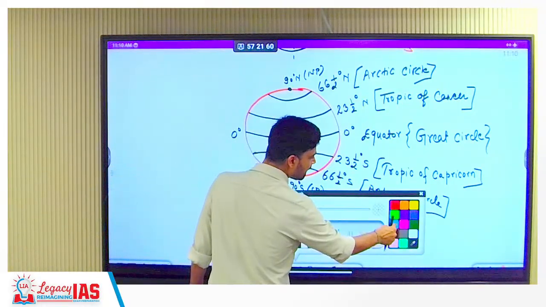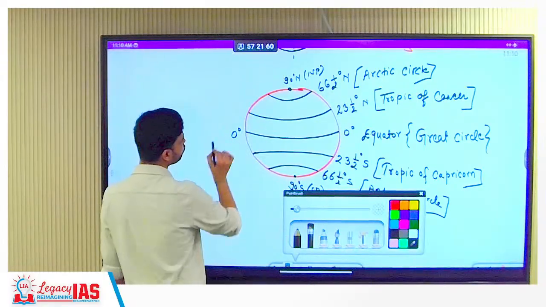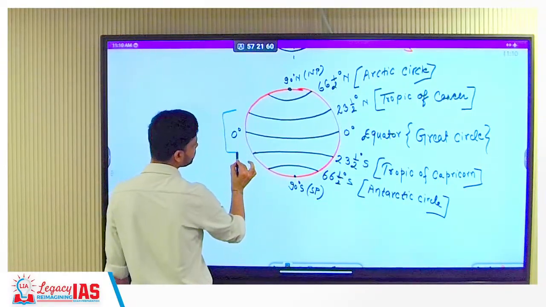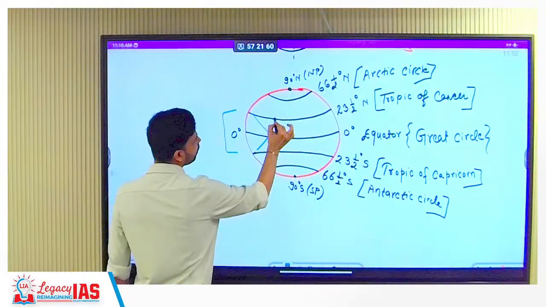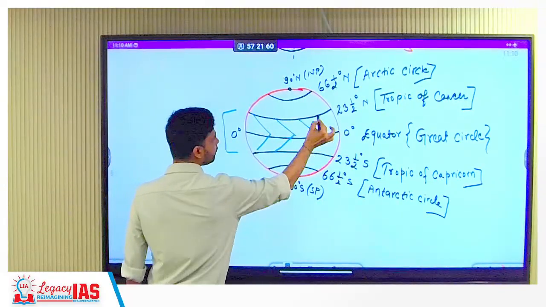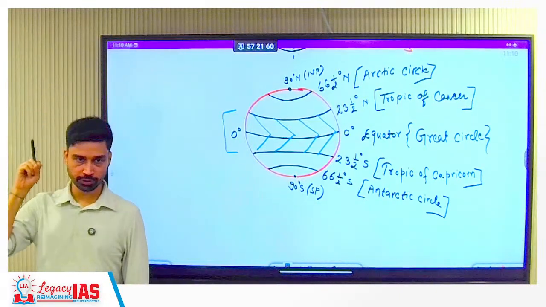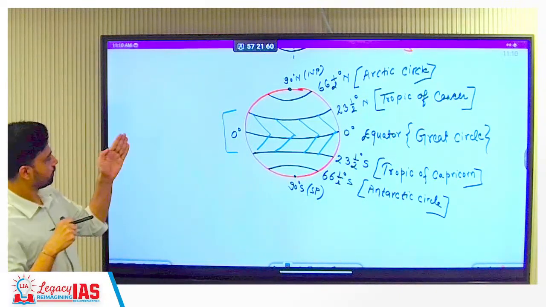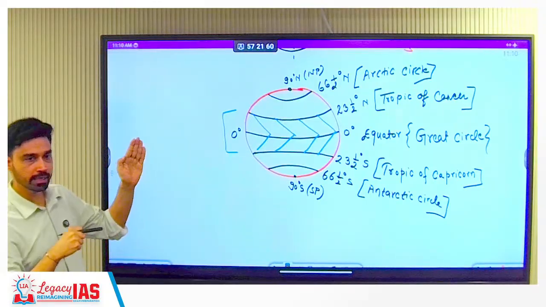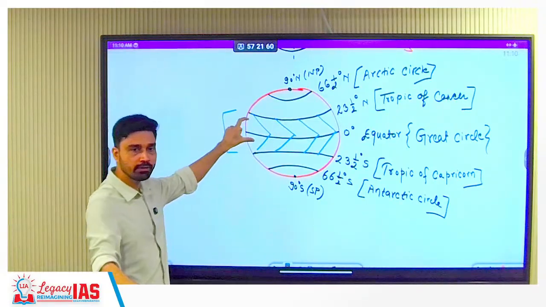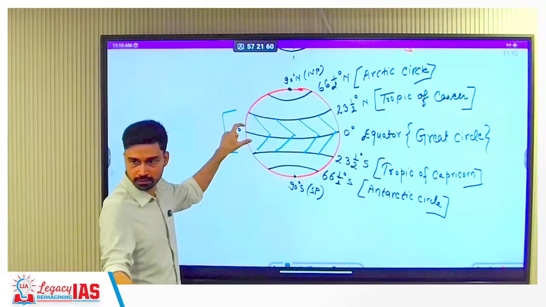Now based on these latitudes, we divide the Earth into several heat zones. The first zone is between the Tropic of Cancer and the Tropic of Capricorn. This zone receives the highest amount of sunlight, insolation we can say, because no matter whether the pole is oriented in this direction or this direction, this part will always receive higher, stronger sunlight.